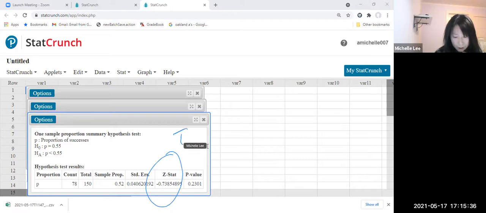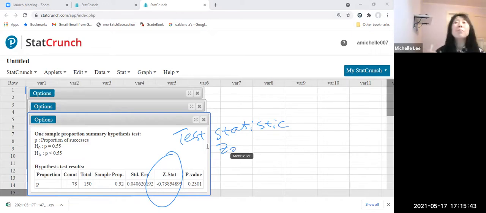This is the test statistic, which is Z naught. So it's negative 0.7385. Let us make the Z-stat 3 decimal places, because your homework asks for the Z-score to 3 decimal places. So negative 0.739.